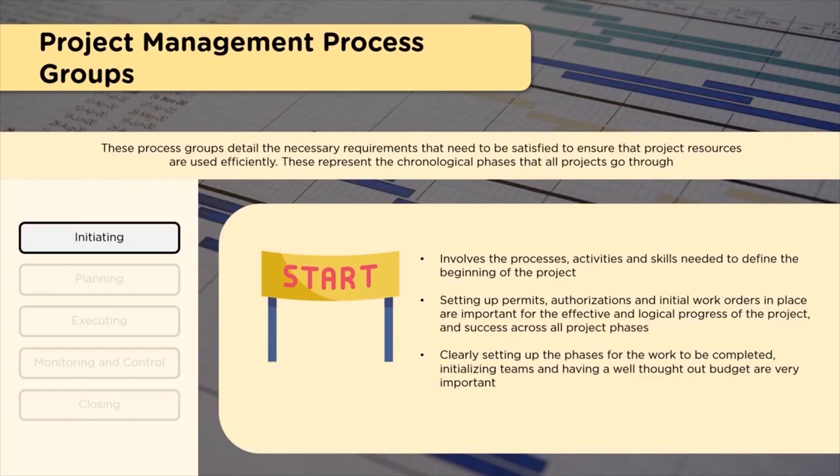So setting up permits, authorization and initial work orders which should be in place and are important for effective and logical progress of the project and success across all project phases. So this clearly sets up the phases for the work to be completed, initializing teams and having a well thought out budget, which is very important. So this gives that view in totality, but it may not give you the full granular details, but it sets the directions, provides that insight.